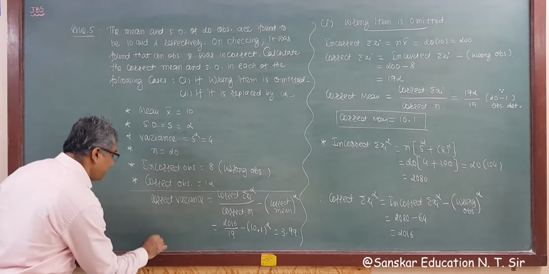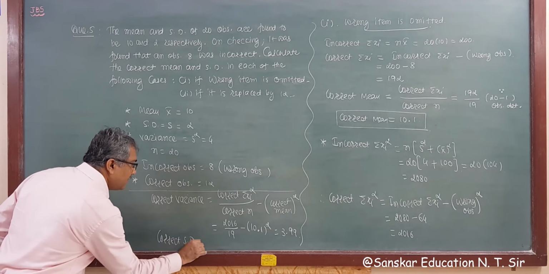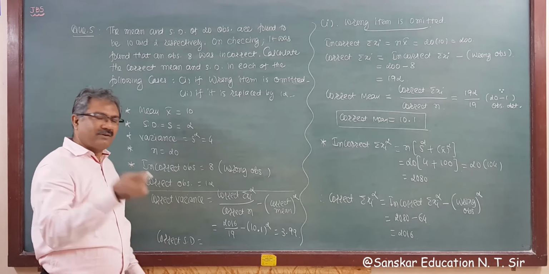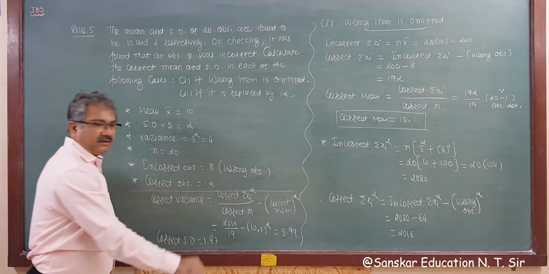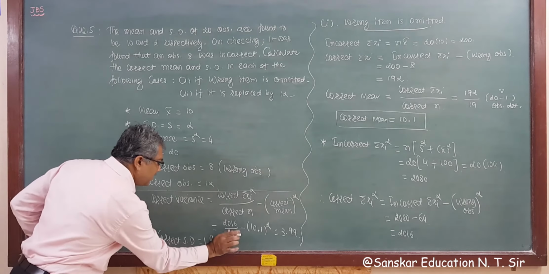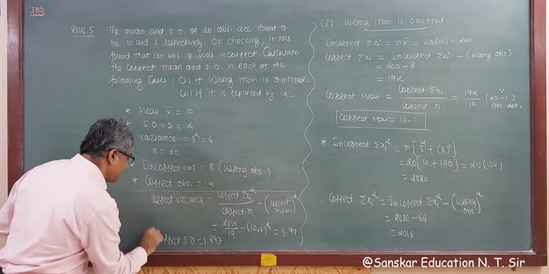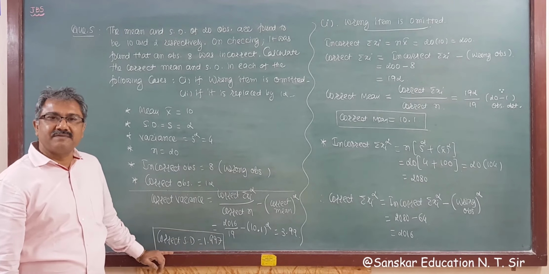The correct standard deviation will be the square root of 3.99, that is 1.997 or so. This is your correct standard deviation.